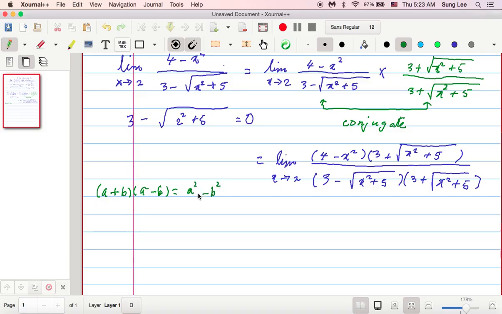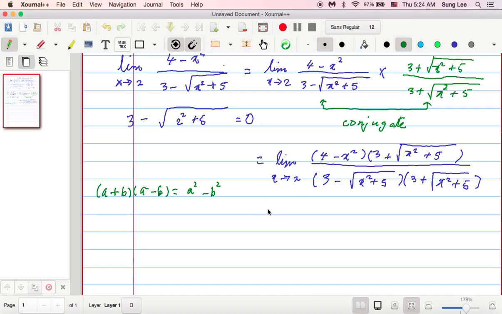This is a very important formula. It's simple, but it comes in handy in many cases. Because of this formula, we can rationalize. Rationalizing means getting rid of the radical sign.